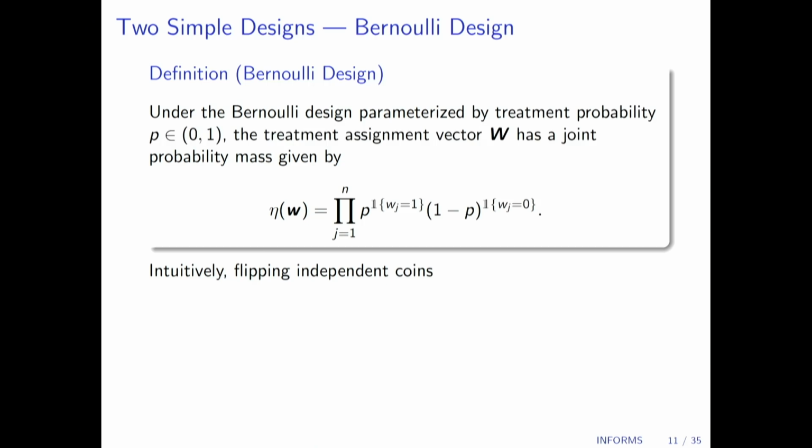This joint probability can be calculated as the probability that the first unit receives treatment, which is p to the power of this indicator, times the probability that the second unit receives control, which is 1 minus p to the indicator. And we can multiply them together. This gives us the joint probability distribution of this assignment vector.